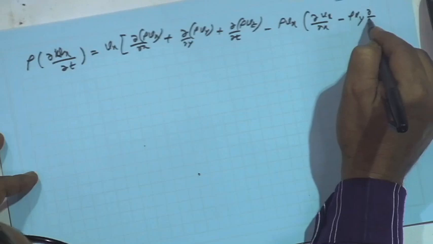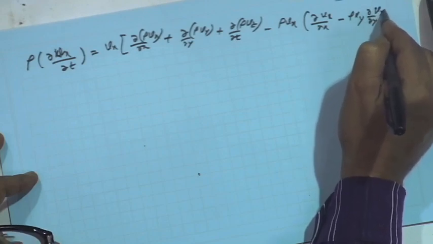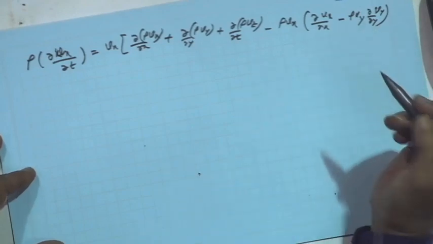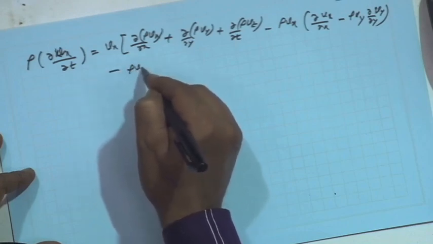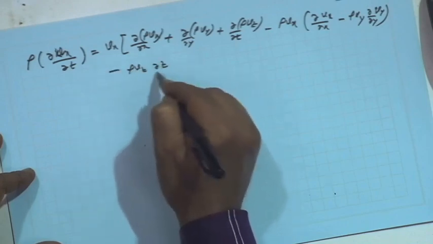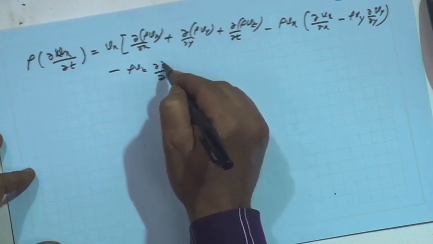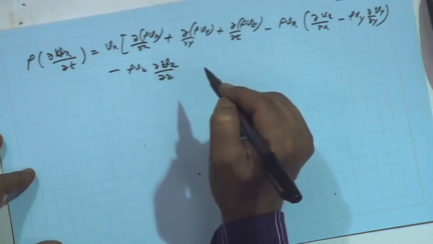del y of Vx, right, and also minus rho Vz del z of Vx, right.